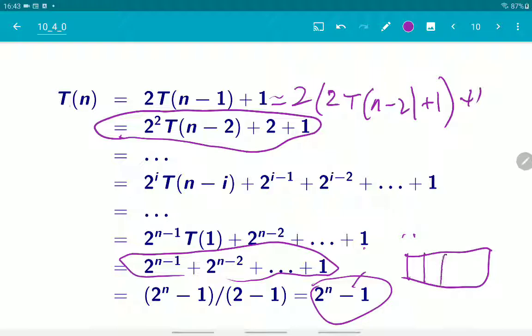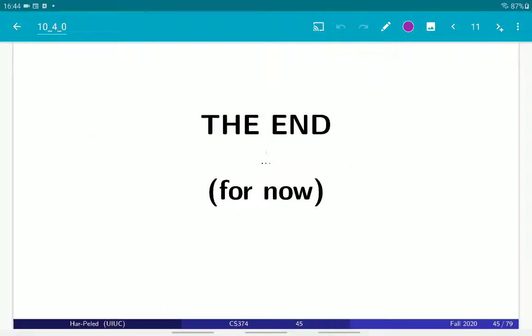In base 2, this is just 1, 1, 1, 1, 1, which is of course just 1, 0, 0, 0, 0, 0, 0, 0, minus 1, which is exactly this. Okay, so that's the number of operations this recursive algorithm performs, and it's not hard to convince oneself that you cannot do better than that. And that's it for now.